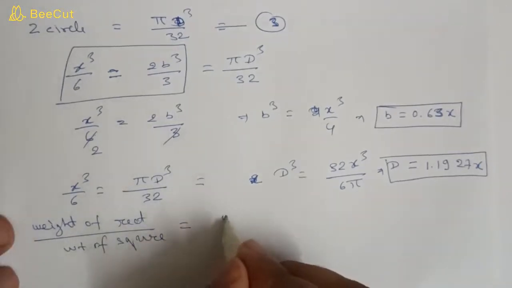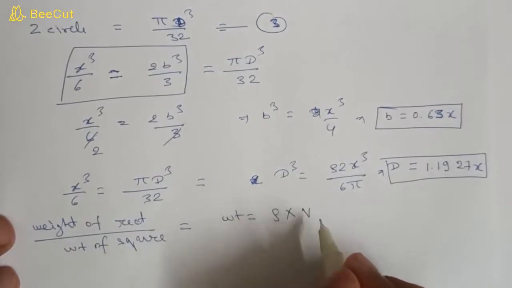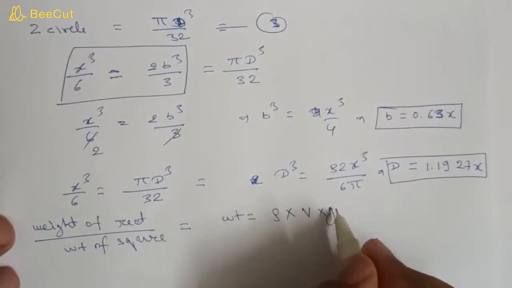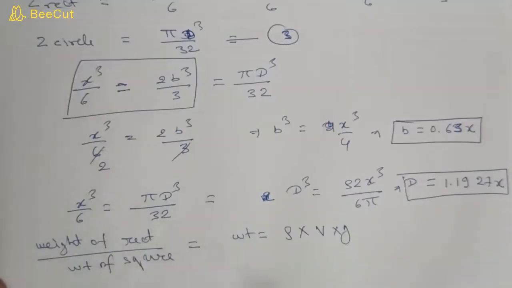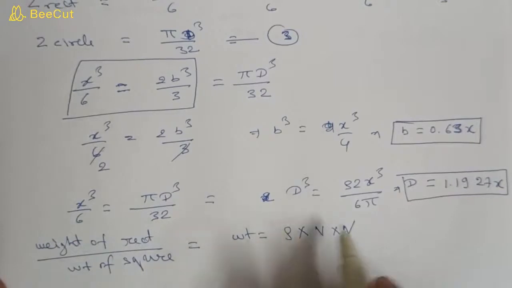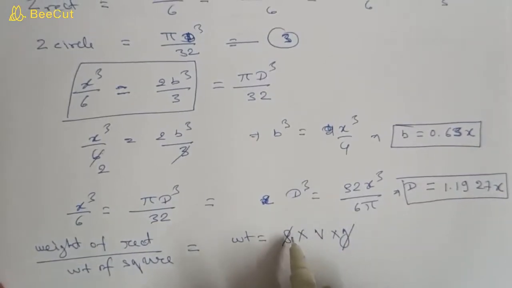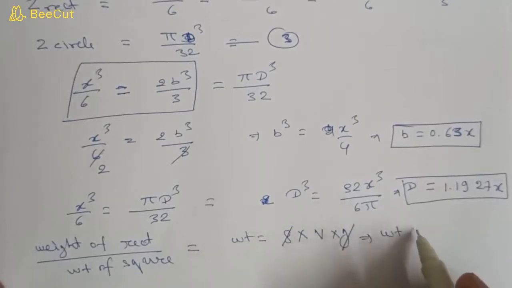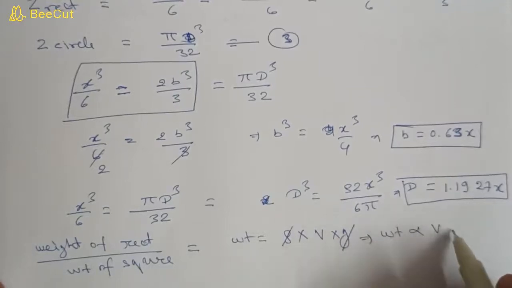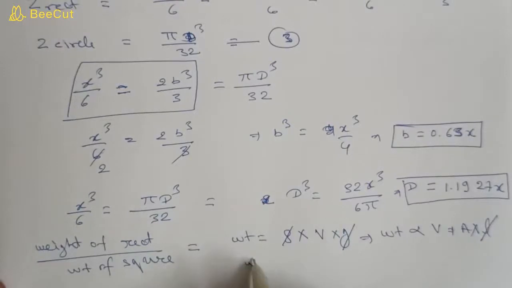See here, weight is equal to density into volume into gravity. g is same for every section, and rho is also same because they are made from the same material. So weight is proportional to volume. Volume is area into length. Length is same, so weight is proportional to cross sectional area.